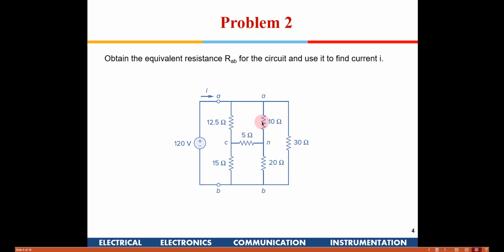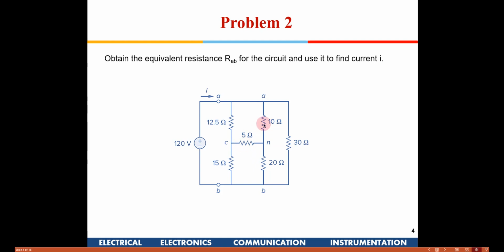Similarly, this 12, 5 and 15 can be considered as a star. This 10, 5 and 20 also can be considered as a star. So we can do one of the conversions and see that the circuit gets simplified. I will demonstrate just one option. The rest you can try out yourself.